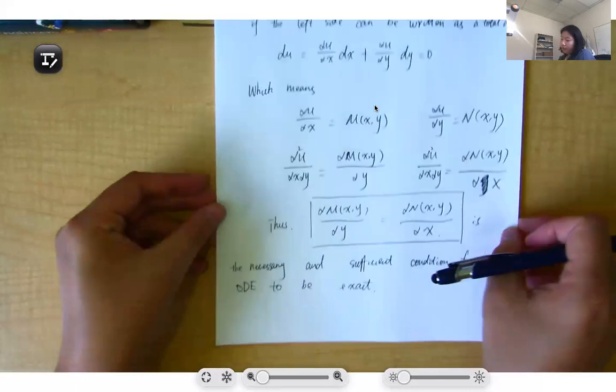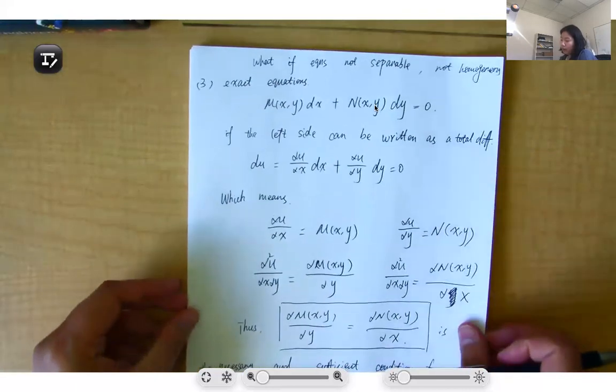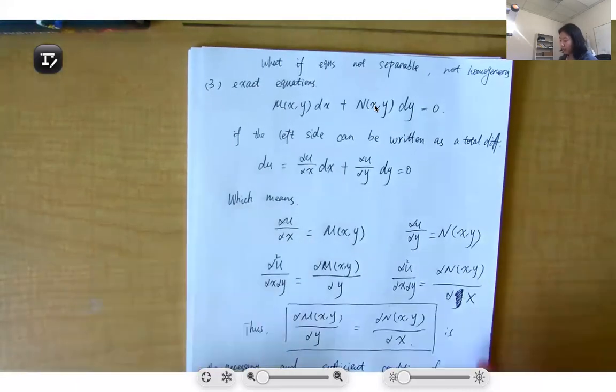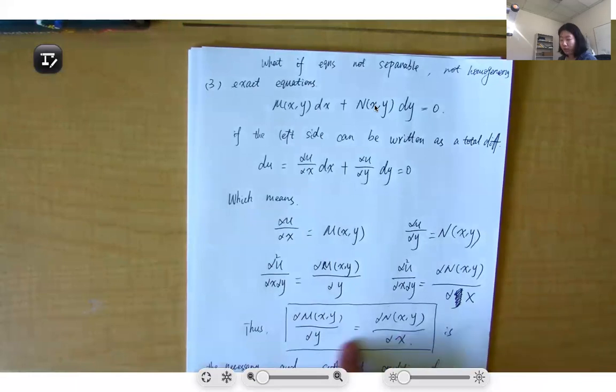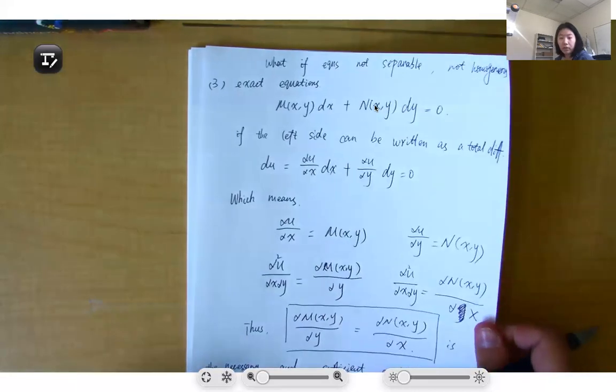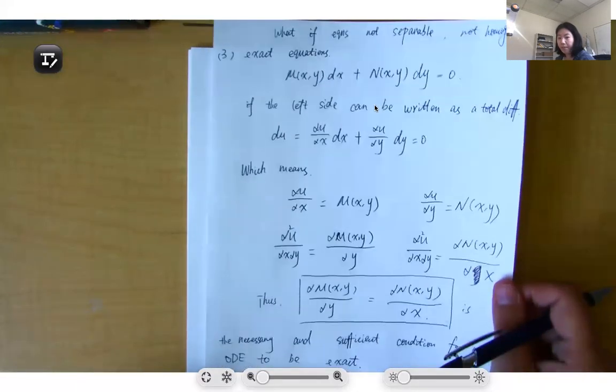And what if some equation is not exact, does not satisfy these conditions, but it can be made exact with some modification? Then we can also solve it analytically. Okay. And we will go to our fourth form.